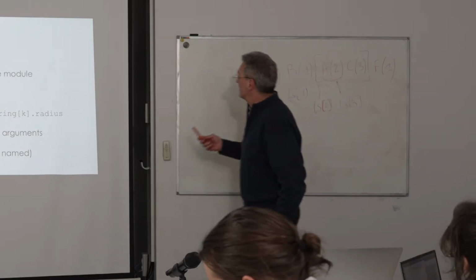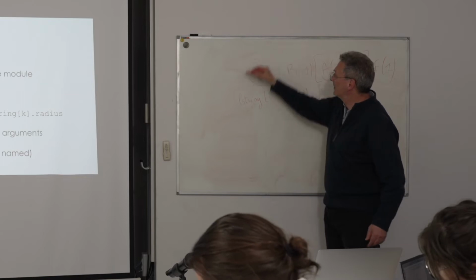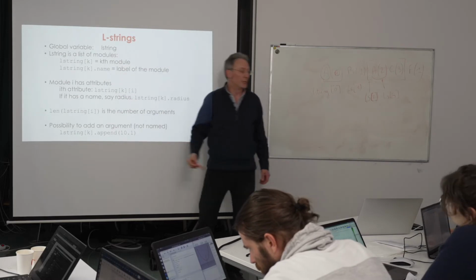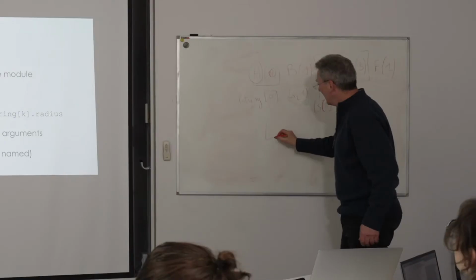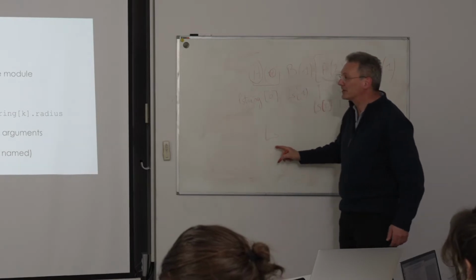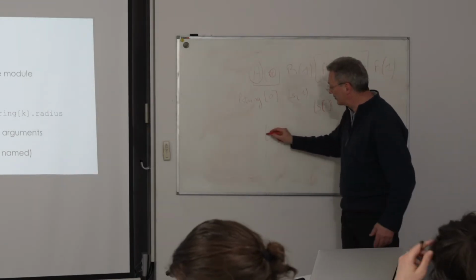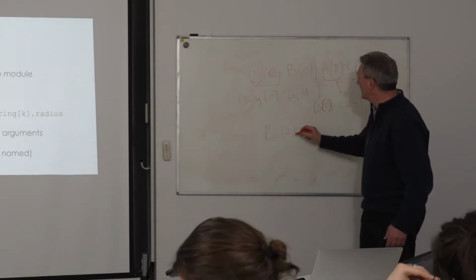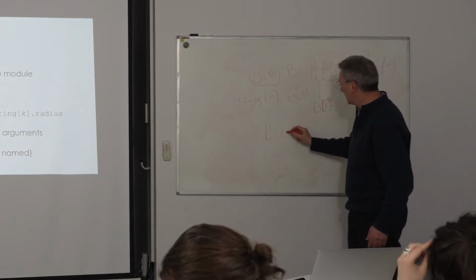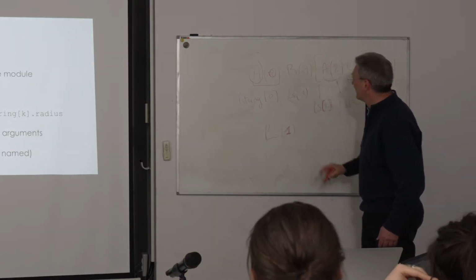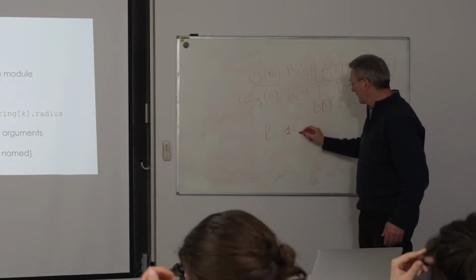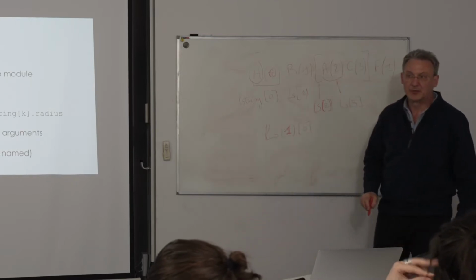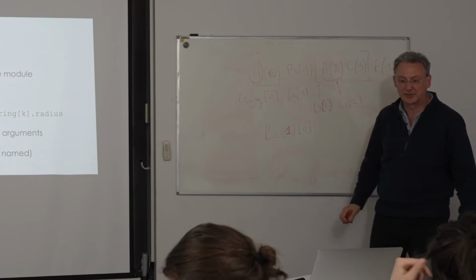Okay, the name here, the label of the module, you can access it with the name. It would be similar to say lstring, I abbreviate the whole lstring by ls, of 2, for instance, which would be not 2, 1. lstring of 1, which would be B of 1, dot name would be the same thing as writing lstring of 1, 0, which would be the first attribute of the lstring 0.